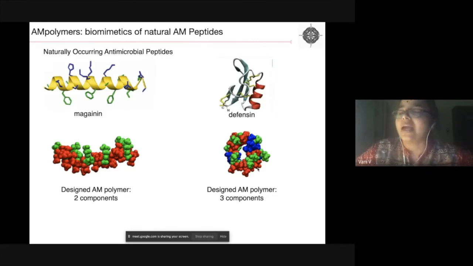But now I can fine-tune and add a third component into this polymer so that it can behave like another class of antimicrobial peptides, a family called defensin. So we now seem to have a sort of control over what kind of things we want to put into this polymer, so that eventually we get the kind of shapes that we want, so that these are more effective.